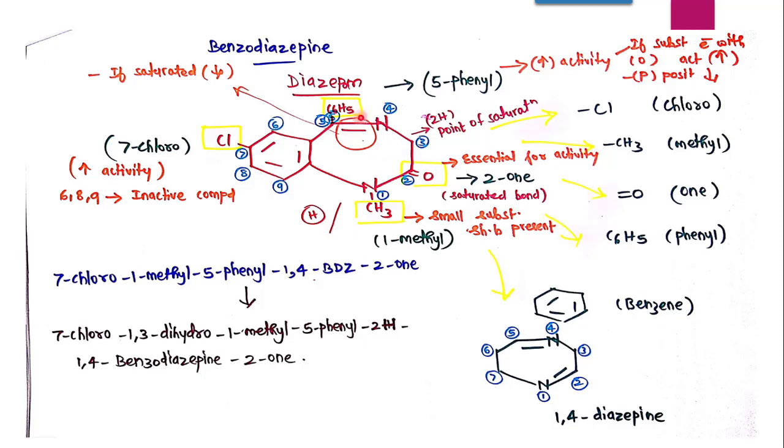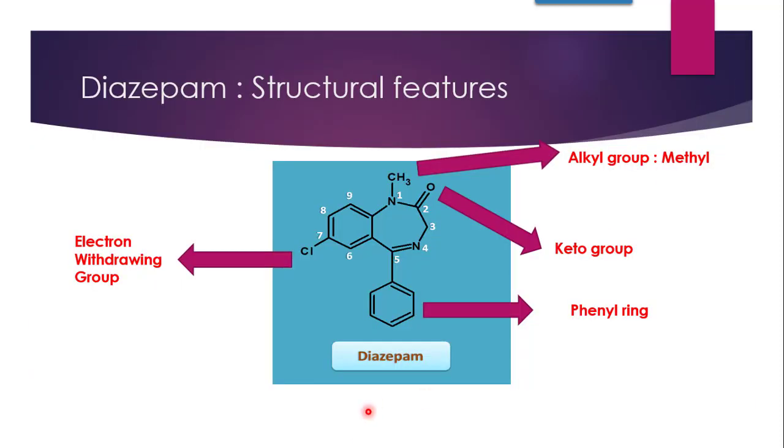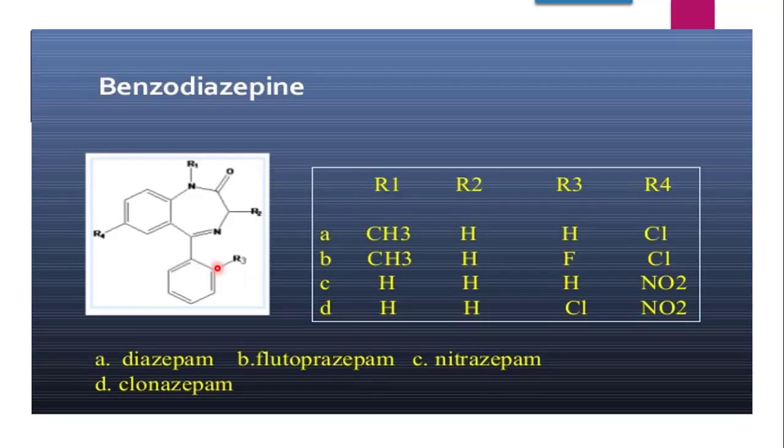Now the fifth position phenyl again increases the activity if the electron withdrawing group present on the phenyl is at the ortho position; only then will the activity increase. If it is present at the para position, then the activity will decrease, as you can see in the structure here. They have shown the substituent at the ortho position, but if the substituent is present at the para position, the activity will decrease.